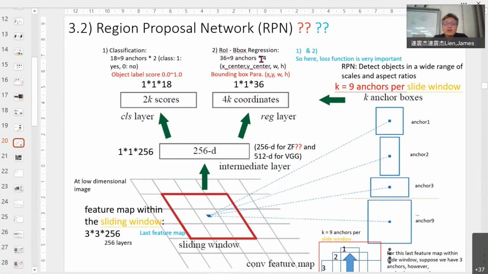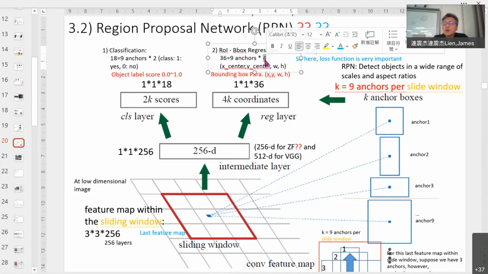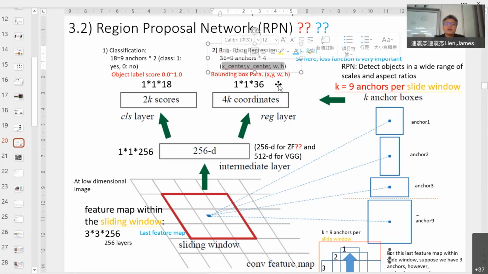Now for each anchor, they have 4 parameters: anchor center, anchor width, anchor height. How can you represent the anchor? We represent it by center, width, and height. 就是宽跟高，它有9种不同的比例。That's for the bounding box.